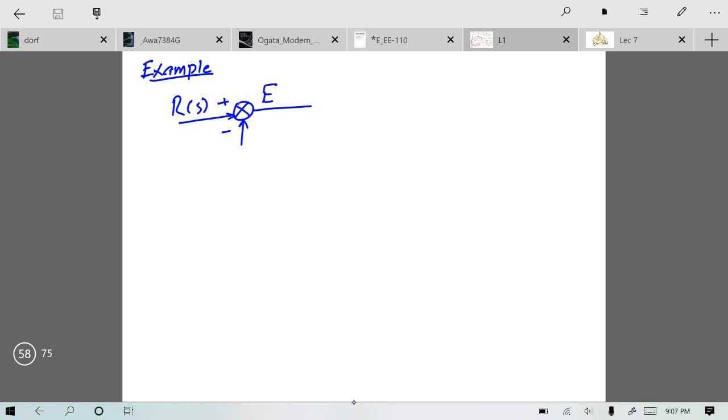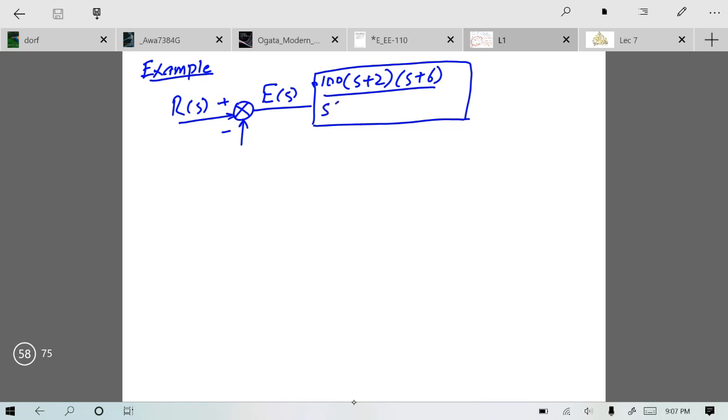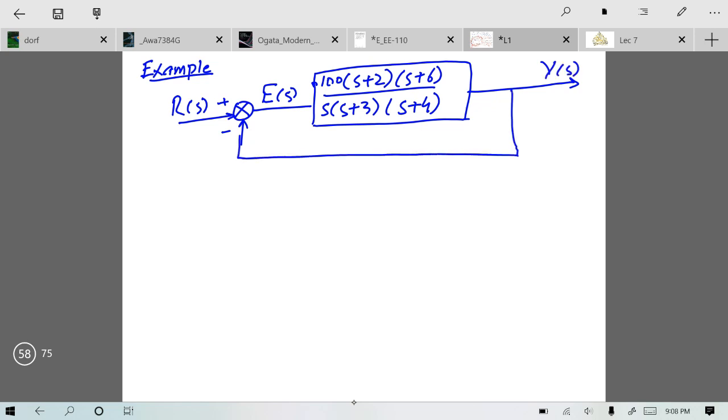This is the error signal E of S, and I have G of S as 100 into S plus 2 into S plus 6 divided by S into S plus 3 into S plus 4, then output Y of S. Then I have a unity feedback loop over here.